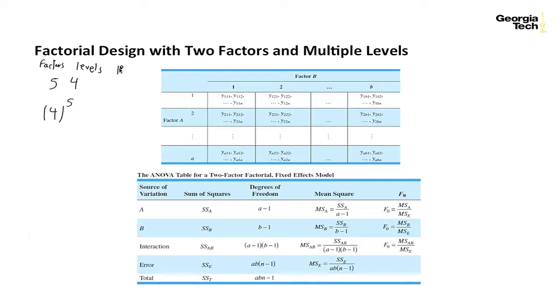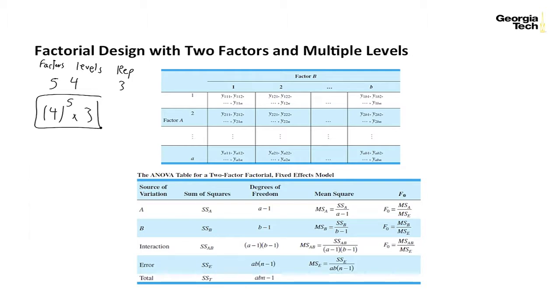And if the number of replicates is, let's say, 3, then the total number of experiments we should conduct is 4 to the power of 5 times 3, which is a considerable number of experiments. And it requires money and resources for conducting this experiment.